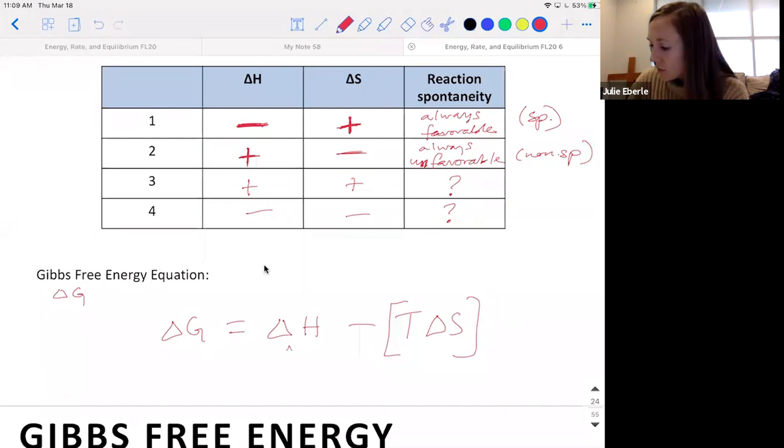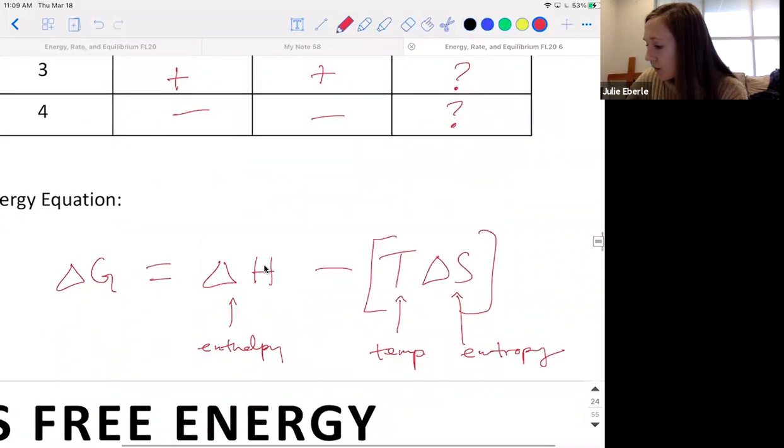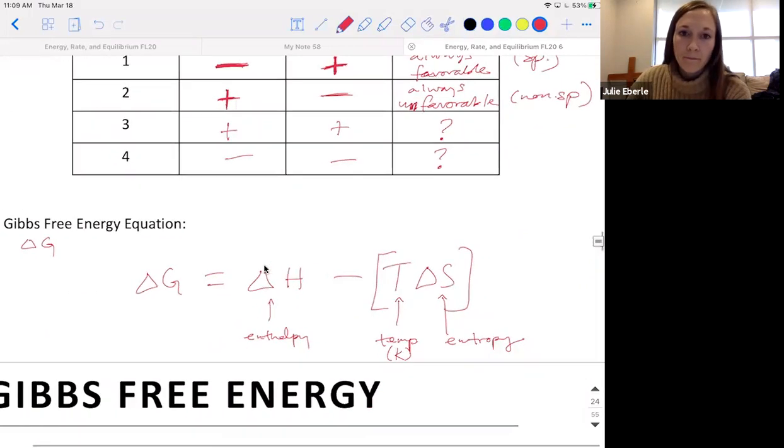So this is your enthalpy. This is a temperature. And this was your entropy. Now, temperature, by the way, is always going to be in Kelvin. Okay? So don't forget how to convert between Celsius and Kelvin. We're going to have to do some of that.